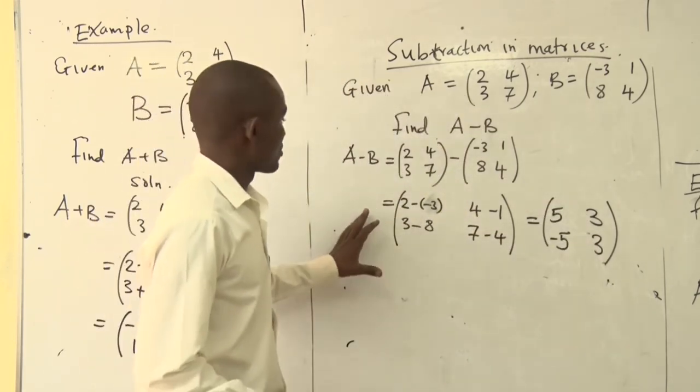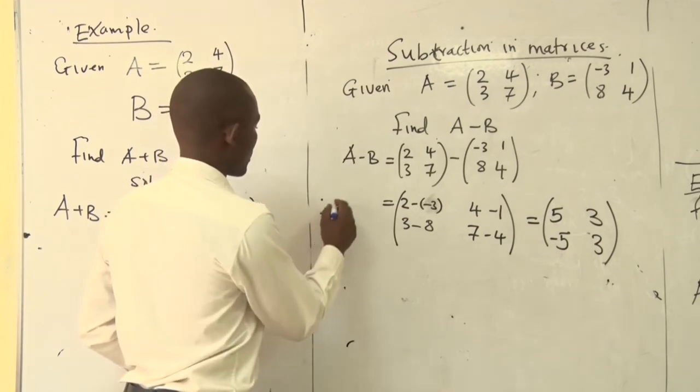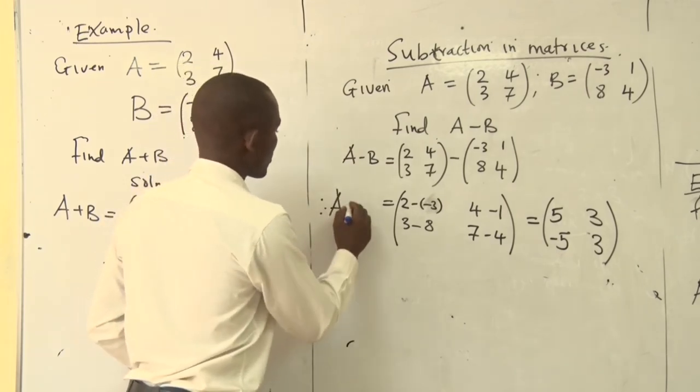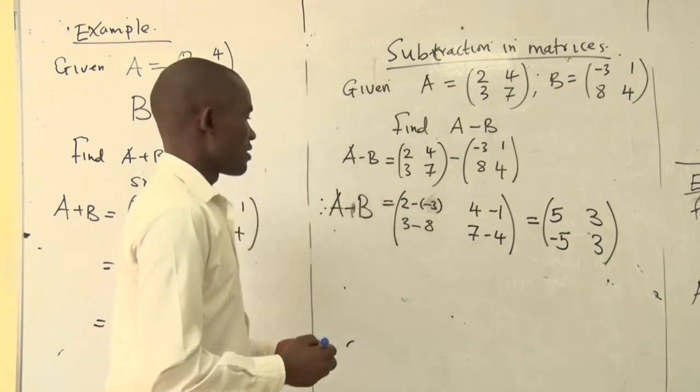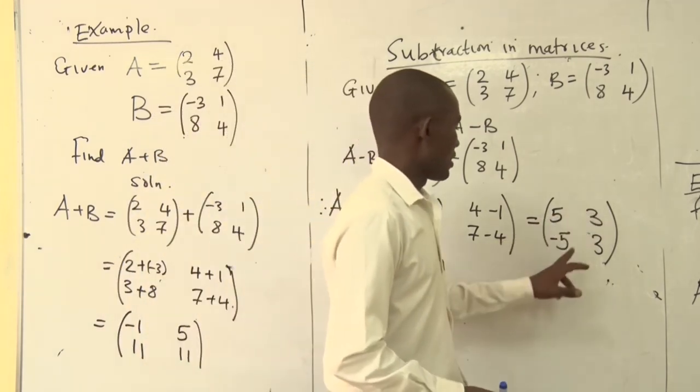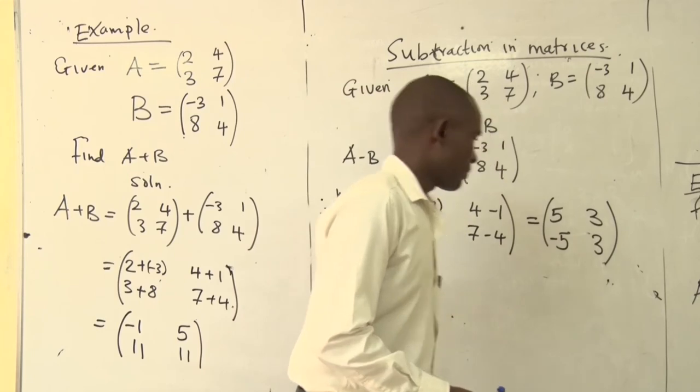So therefore we can say A minus B is equal to 5, 3, minus 5, 3.